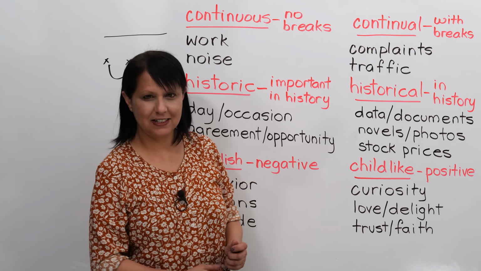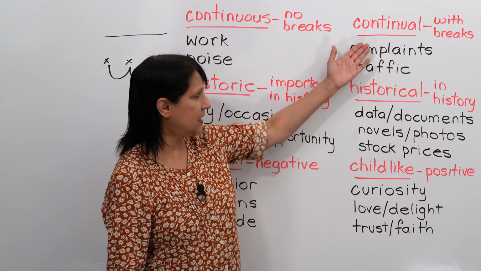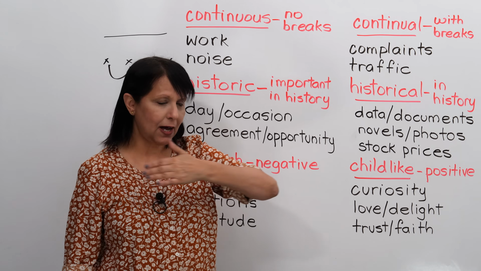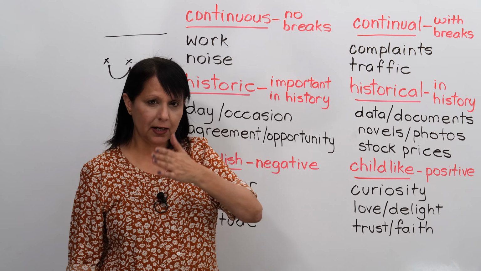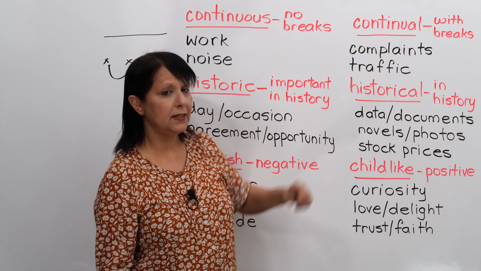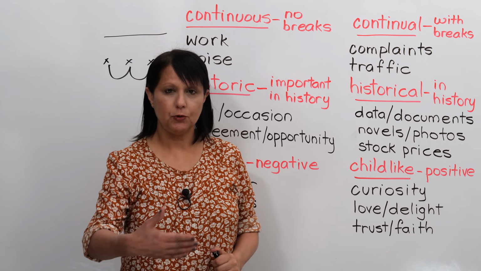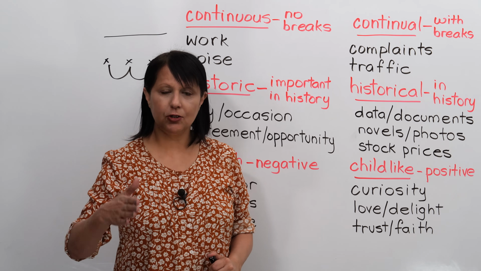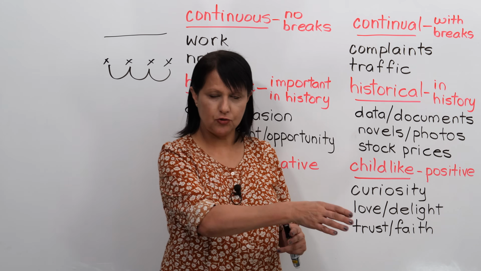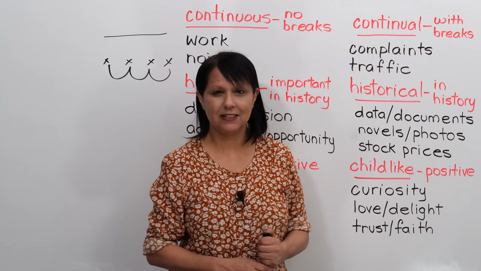Okay, that is continual. Or continual complaints from customers. They don't happen all the time, but they happen every now and then, okay? Or continual traffic. If you look outside, you see continual traffic. There is traffic, then it stops, then there's traffic again. Okay, that is continual.